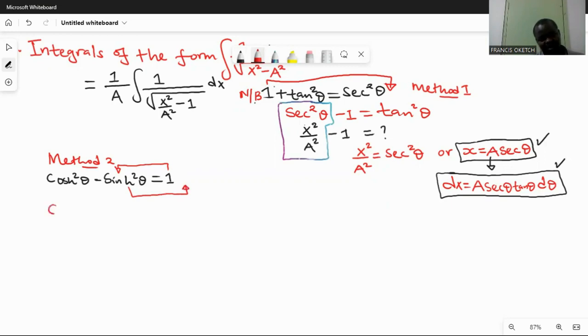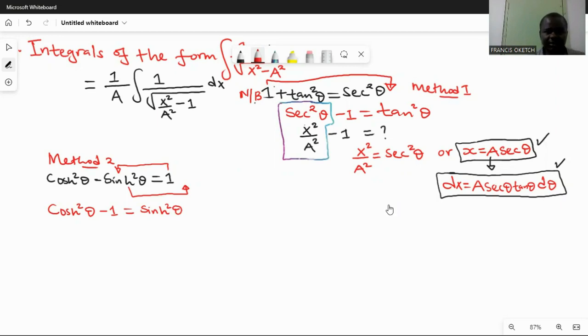So what will we have? We'll have cosine hyperbolic squared theta minus 1 is equal to sine hyperbolic squared theta. You see, that's the form that I wanted.